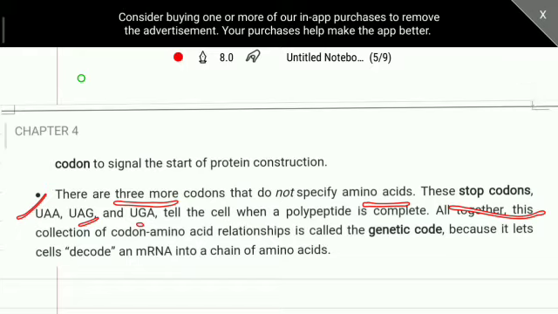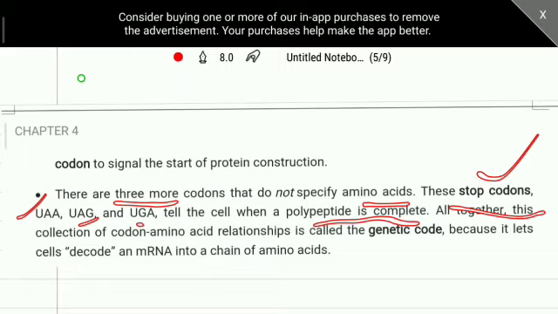These stop codons tell the cell when the polypeptide is complete. Once polypeptide formation is complete, they do not allow the polypeptide to go further. They just terminate it. So these codons are called stop codons.